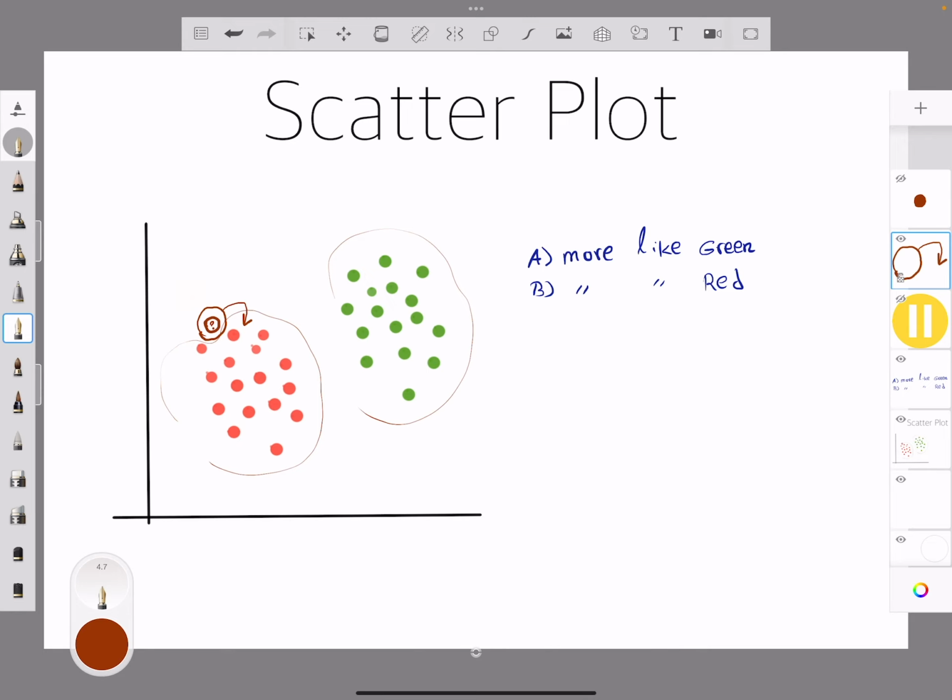Now let's make it a little bit more complicated. What if we have a point right over here? Is it more like green or more like red? I'm going to add part C as well, and for C, I'm going to say unclear.